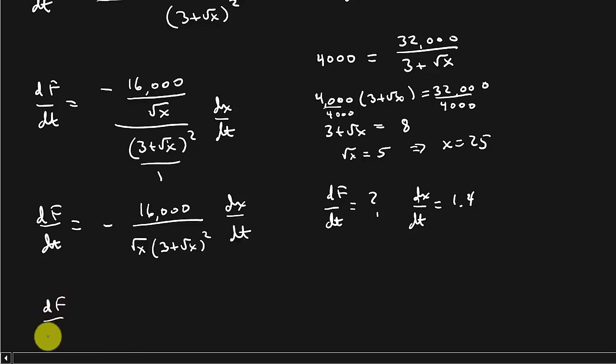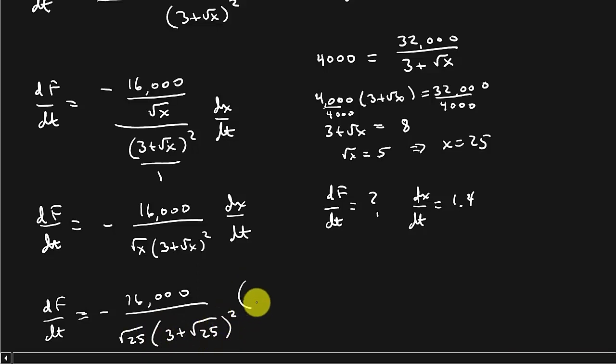So I've got dF/dt is negative 16,000 over (square root of 25 times (3 plus square root of 25) squared) times 1.4. And that gives me an answer of about negative 70.